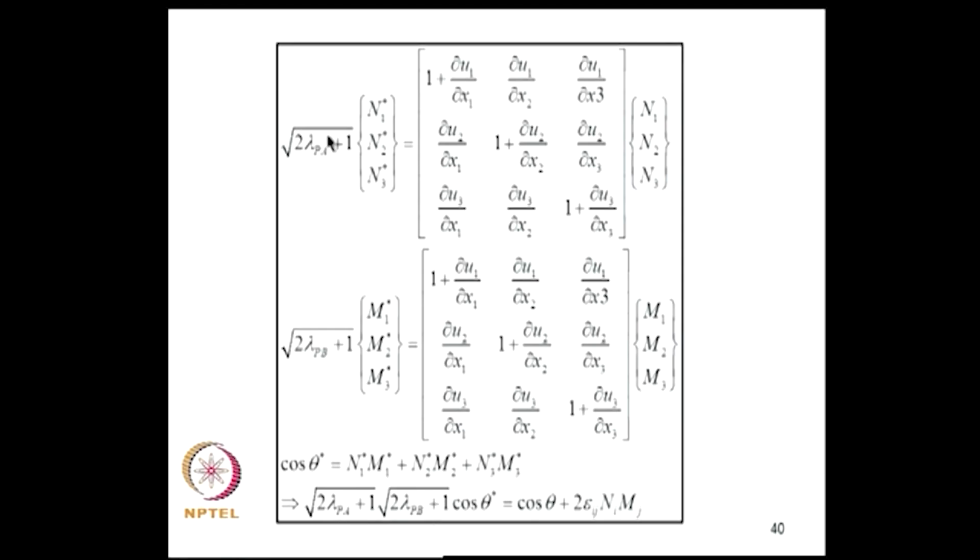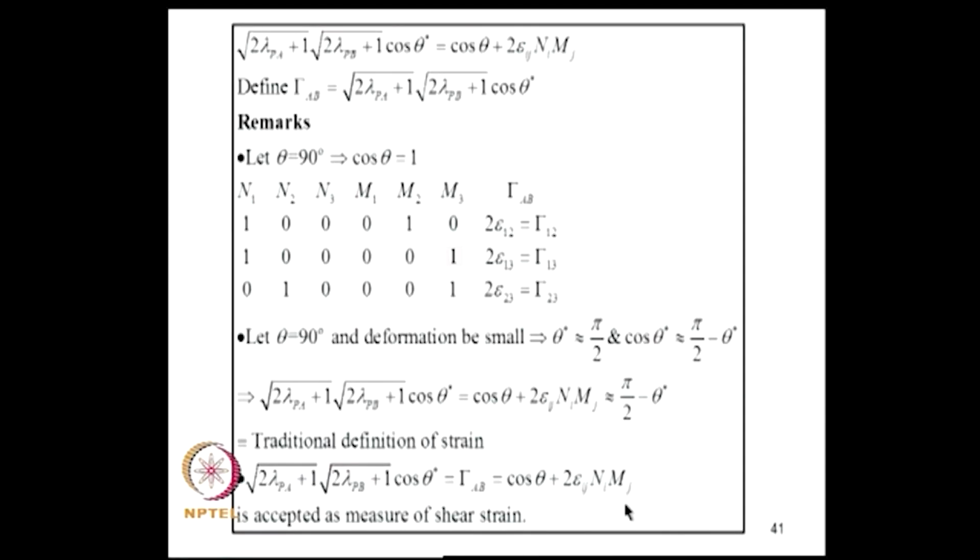So, if we take it to the cos theta star on the left hand side, I get this quantity to be cos theta plus 2 epsilon ij ni mj.